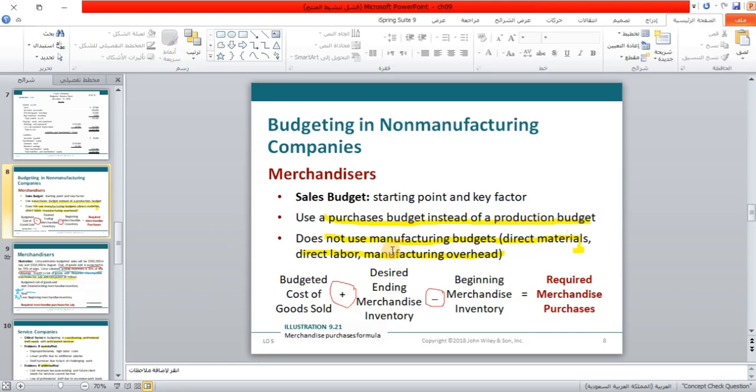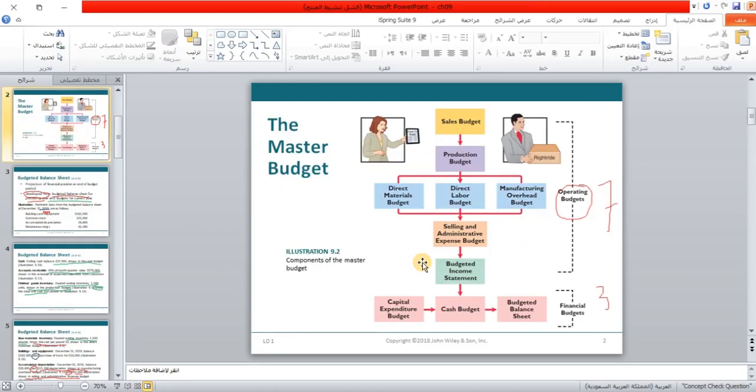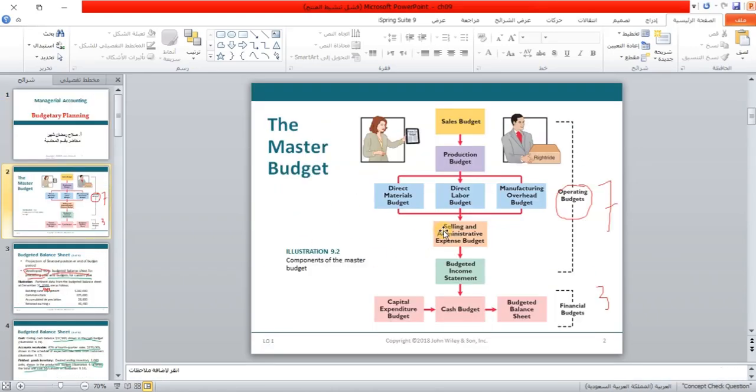It doesn't use the manufacturing budgets: direct materials, direct labor, manufacturing overhead. So in a merchandise company, instead of a production budget, we prepare a purchases budget, and these 3 budgets are not used.